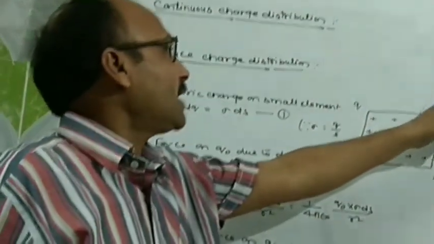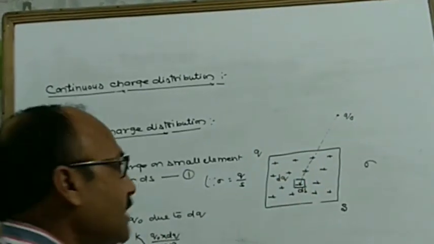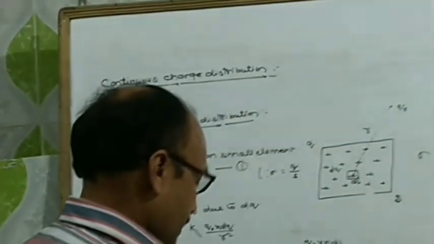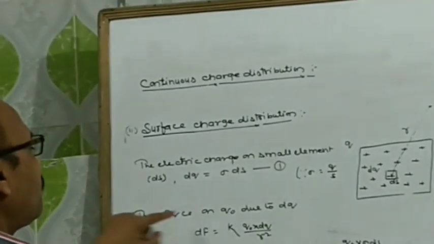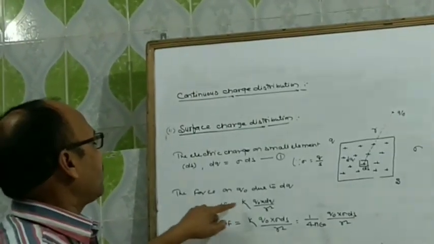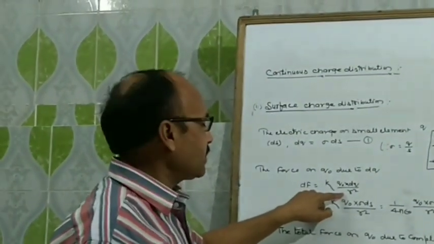Now this is the charge q naught where we have to find out the force due to this small element dq. R is the distance of this charge q naught. So the force on q naught due to dq, dF will be equal to k q naught into dq upon r square. You know this thing.